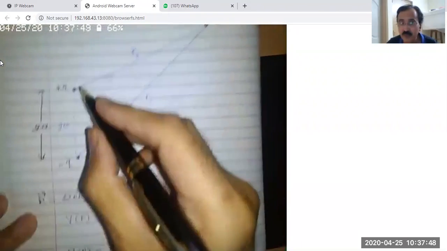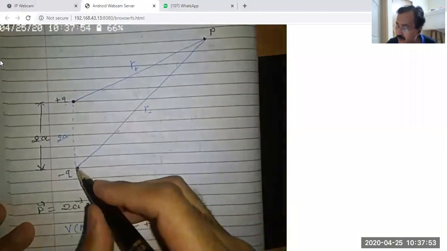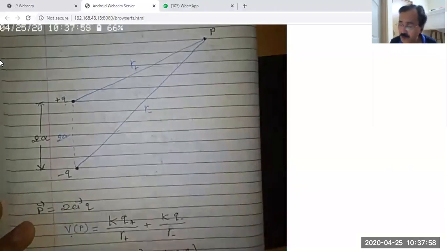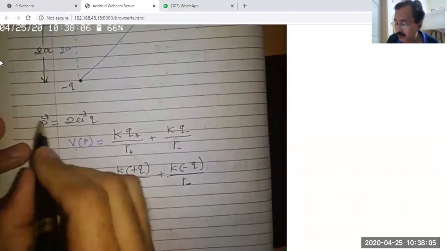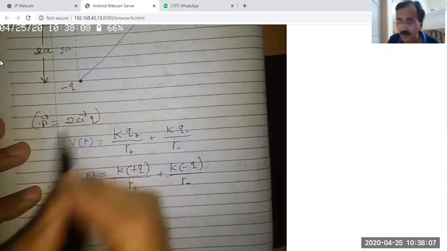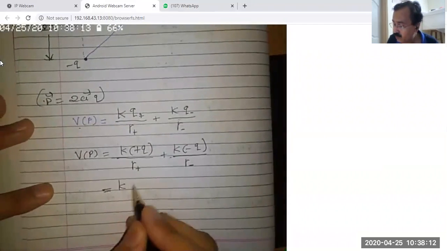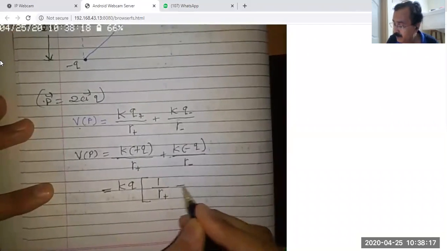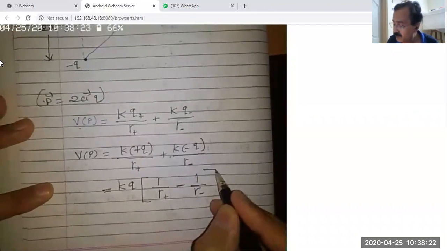This distance we have to take into account: R plus for the positive charge and R minus for the negative charge. We are not dealing with the dipole moment right now. This is written for reference. We'll need it at the end of the derivation. So I can write K and Q common, and what is left inside the bracket is 1 by R plus, minus 1 by R minus.